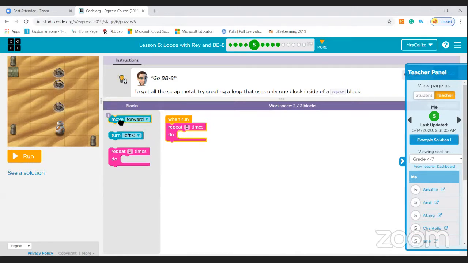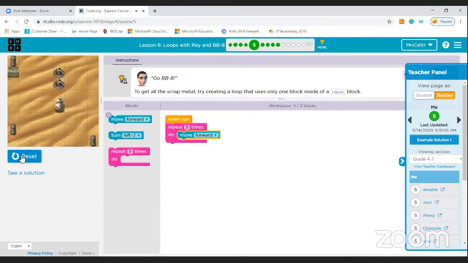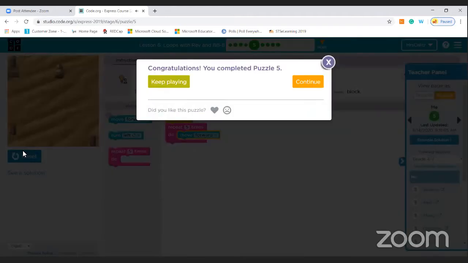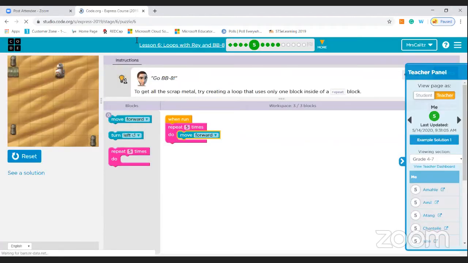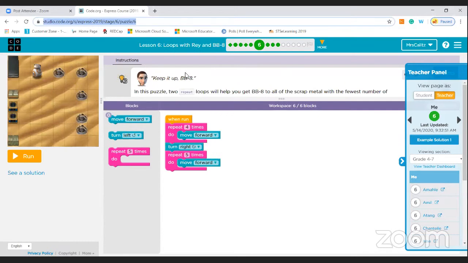What do you guys think? All right. Move forward. Gao says I need to move forward. So let me move forward 5 times. Well done, guys. Thank you for that advice, Gao and Amo. Let's carry on to the next puzzle. These ones are quite easy, so we're going to move fast.